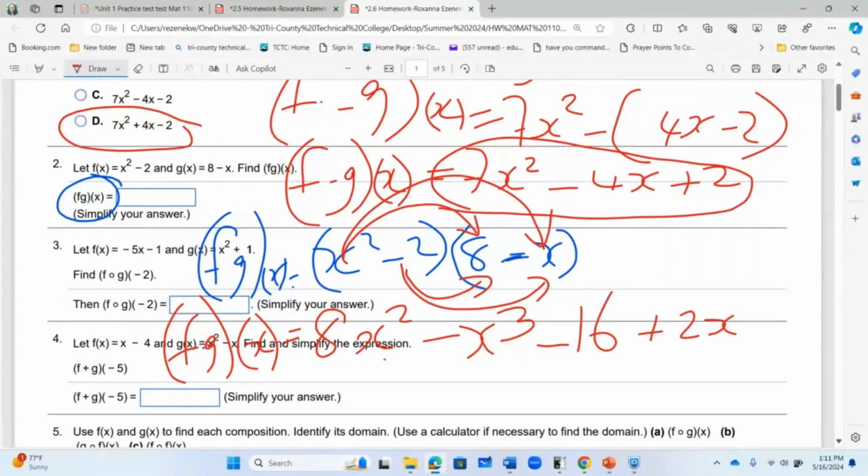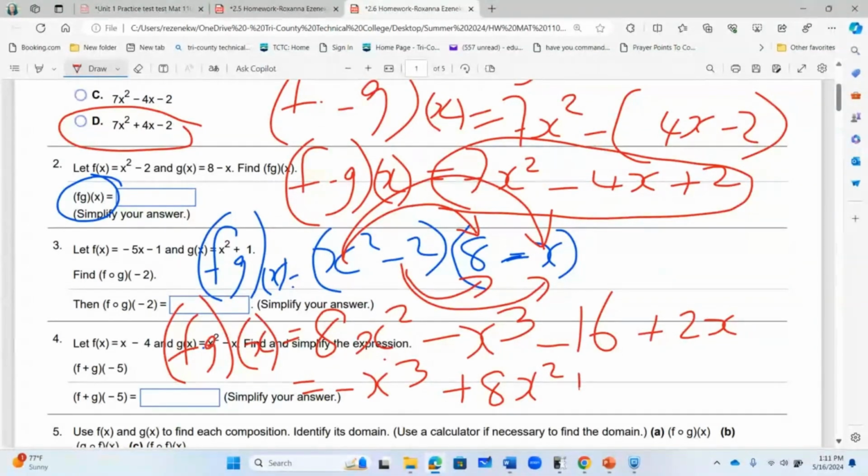Okay, so collecting like terms, the highest exponent is cubed. So my answer will be negative x cubed. And the next exponent is plus 8x squared. I'm trying to write it in standard form of a polynomial.